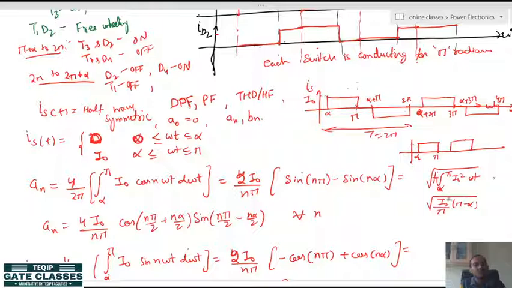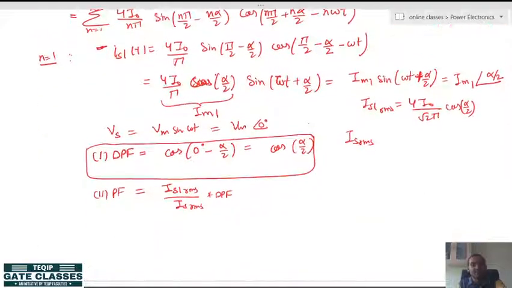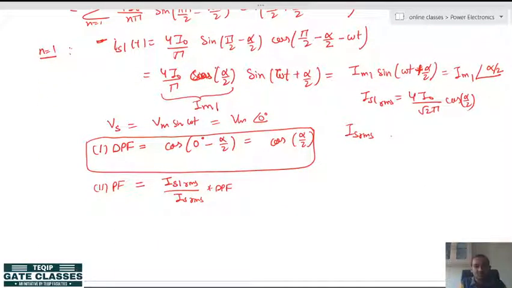You can write it as I naught into under root 1 minus alpha upon pi. So, that will be the RMS value. Just put the RMS values here: I naught under root 1 minus alpha over pi. So, you have got the IS1 RMS, you have got the IS RMS, and you have got the DPF also. You will get the power factor in terms of cos alpha by 2.